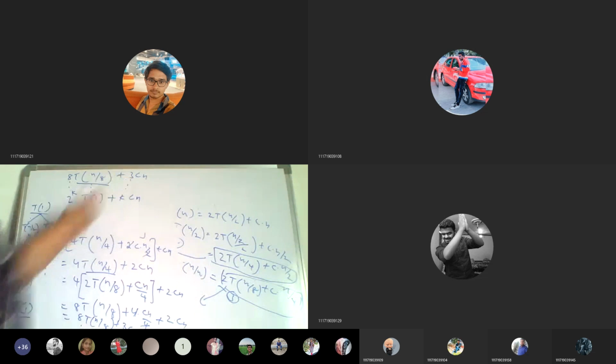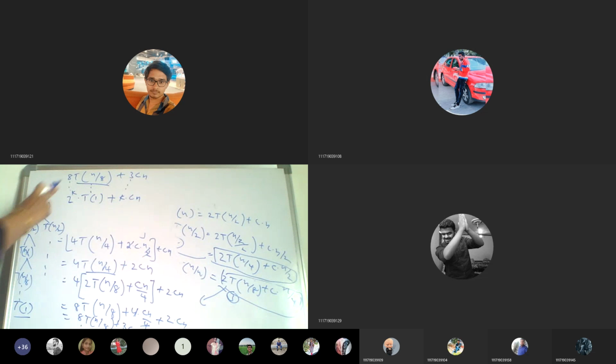So this 3 will also go on continuing. Here this 8 I can write as 2 cube. Whatever cube we are getting, that value we will get. So that's why I am writing 2 power k, and this is k into cn. Okay.